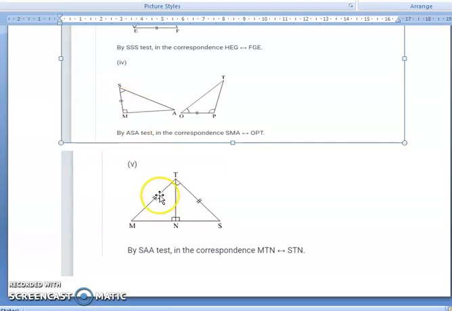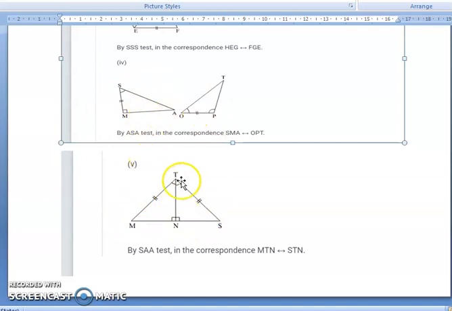But here the side is not between the two angles, so it cannot be the ASA test. It is side and then angle, angle. This side is congruent to this side, this angle to this angle, and this angle to this angle. So these two triangles are congruent by the SAA test, side angle angle, and the correspondence is MTN corresponds to STN.